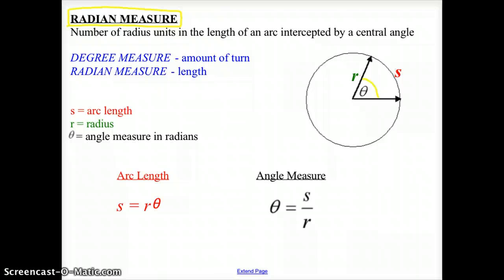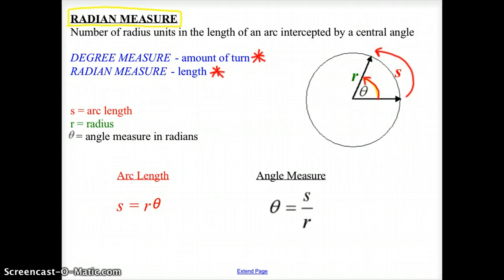The degree is the amount of turn, whereas a radian measurement is the length as you turn. So once again, degree is the amount that you turn as you go around a circle, but the radian measurement is the length that you rotate as you go around the circle.